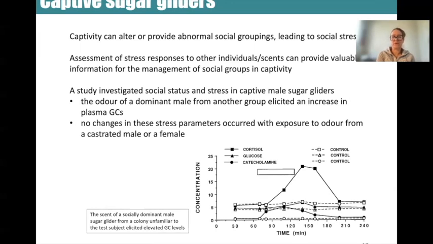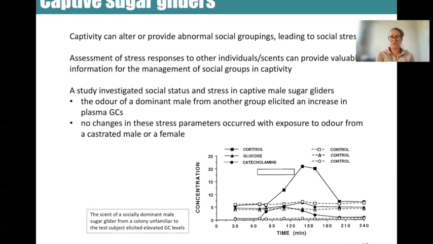For example, how sugar gliders should be housed in captivity. So this study on sugar gliders investigated social status and stress in captive male sugar gliders.